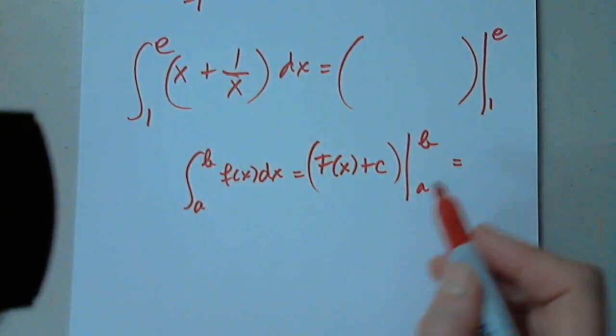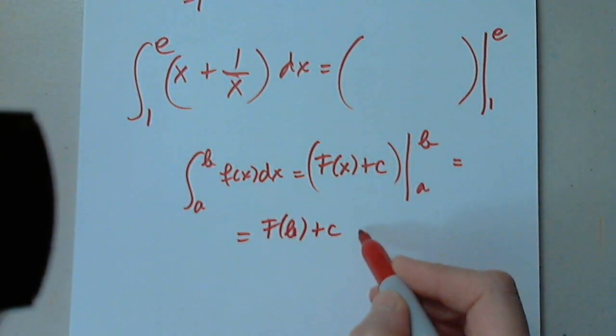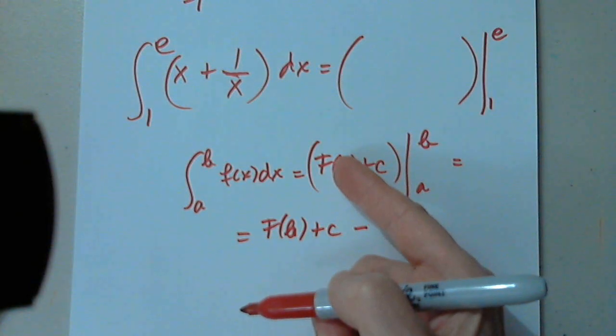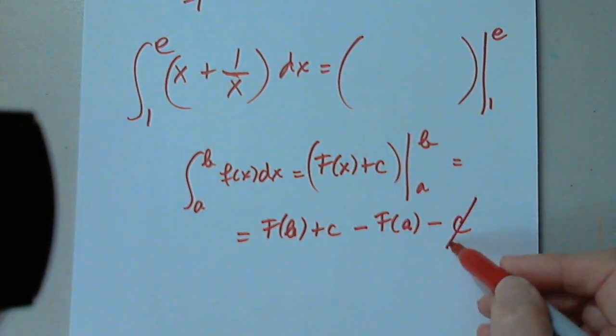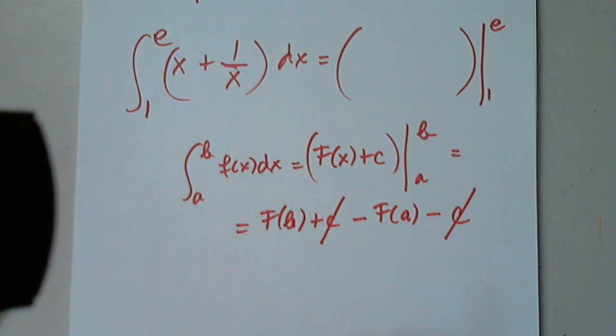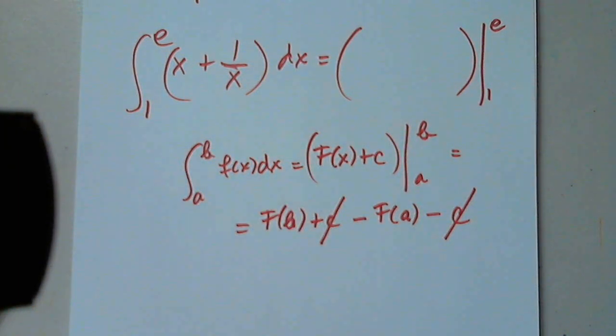Now look what happens. When I plug in b, F of b plus c, minus when I plug in a, minus c. That's why it disappears. That's why the c is not relevant when we have a definite integral.